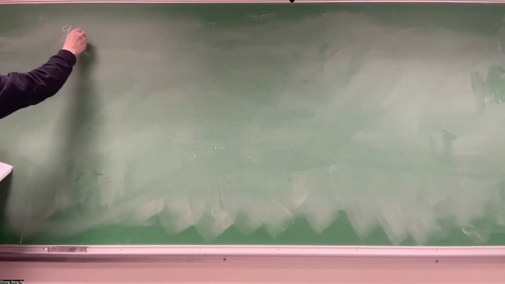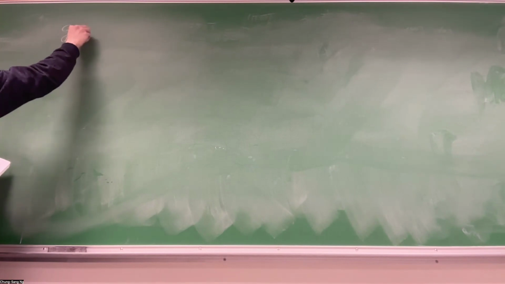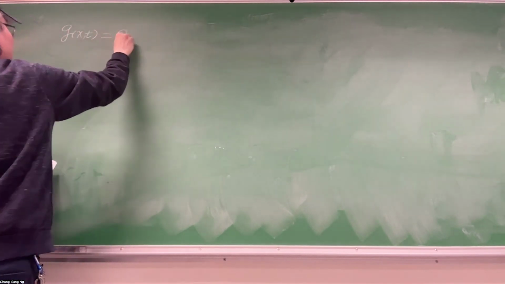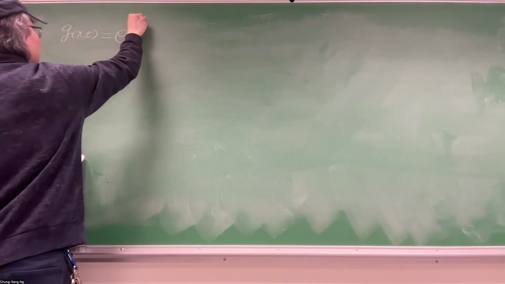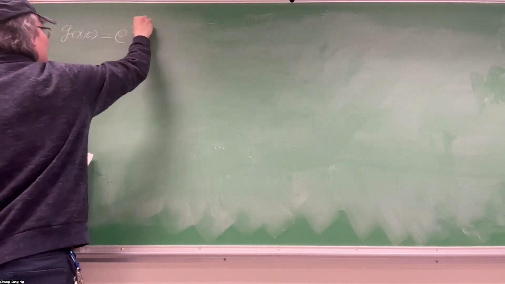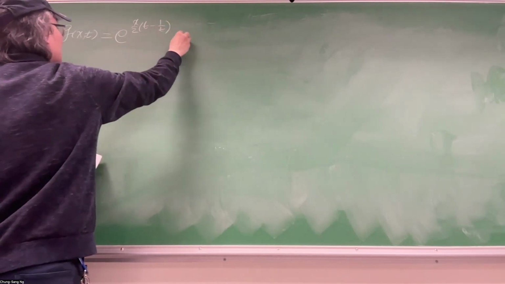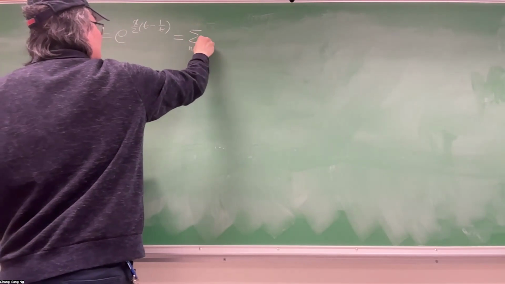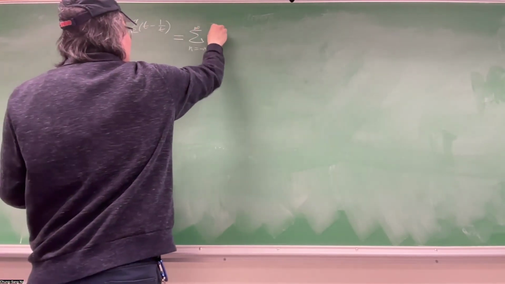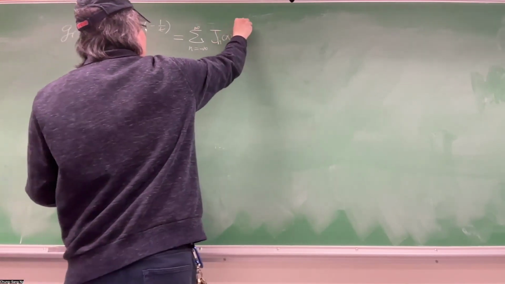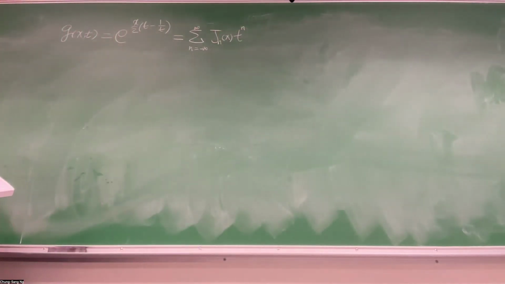This is g(x,t) is the exponential function of x over 2 times (t minus 1 over t), and that equals the sum over n of J_n(x) t to the power n. Okay, so this is the generating function.